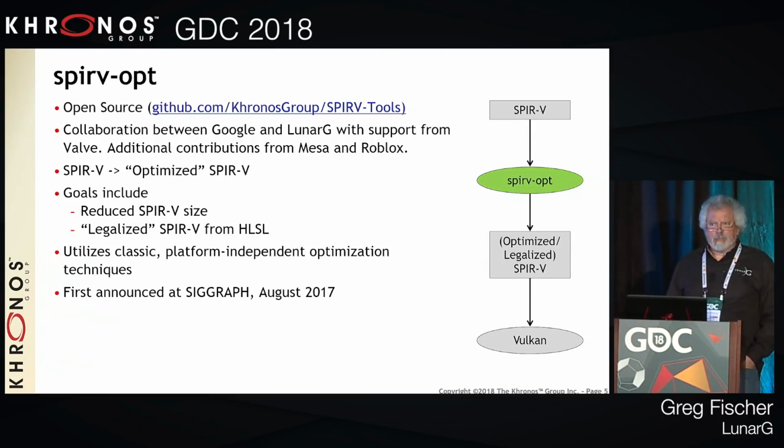Basically, SPIR-V Opt is really just a collection of SPIR-V to SPIR-V transformations. The ones I'm going to talk about today are specifically designed to either reduce the size of your SPIR-V shader or to legalize it. I'll talk about what that means in just a few minutes.